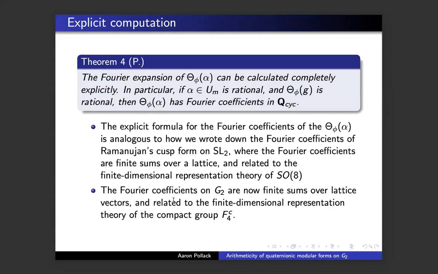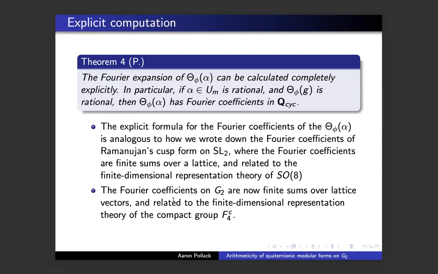Okay. So the reason I discussed theta functions, classical theta functions, at the beginning of the talk is that this theorem 4 is supposed to be an analog of classical harmonic theta functions. So the explicit formula for these Fourier coefficients of the theta lift is completely analogous to the Fourier expansion of harmonic theta functions.